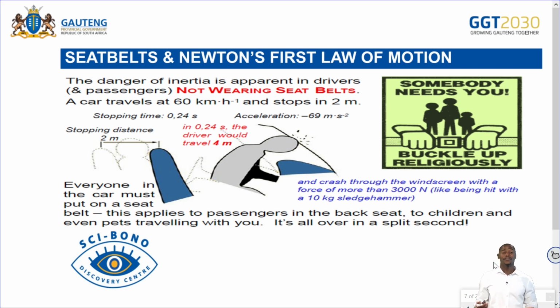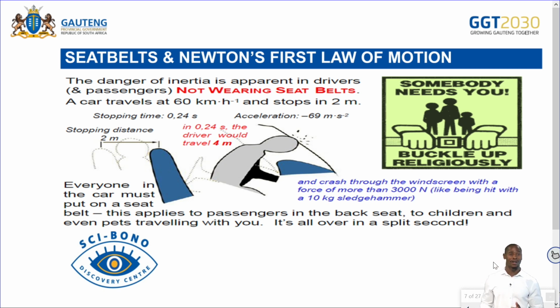If you are not wearing a seatbelt to hold you back, you are likely to collide with the steering wheel, the dashboard, even the windscreen. So I hope by now we understand the importance of wearing seat belts.